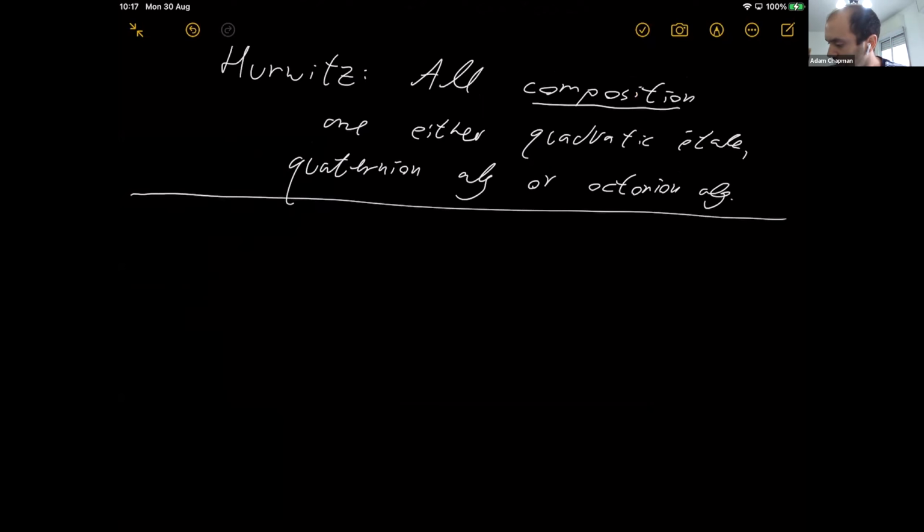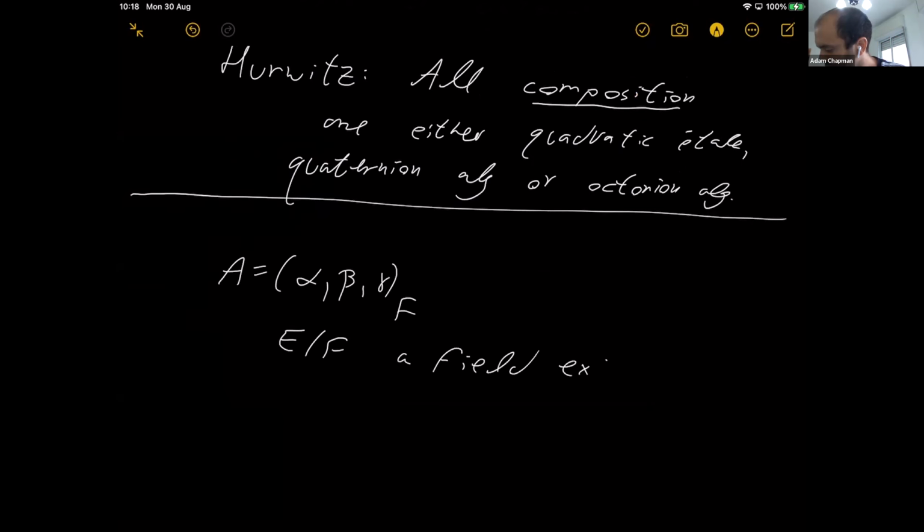So if you have an Octonion algebra alpha, beta, gamma over some F, and you have a field extension E over F, then you can study this tensor product, which gives you a new, somewhat larger algebra by extending the center.